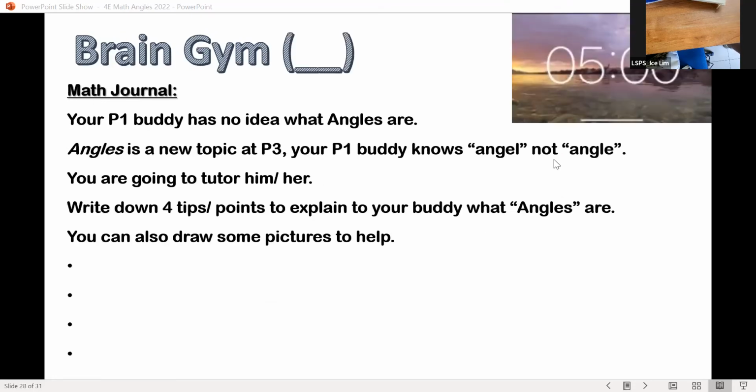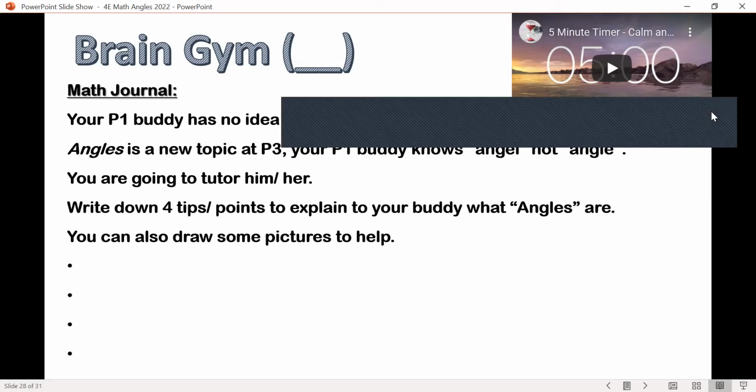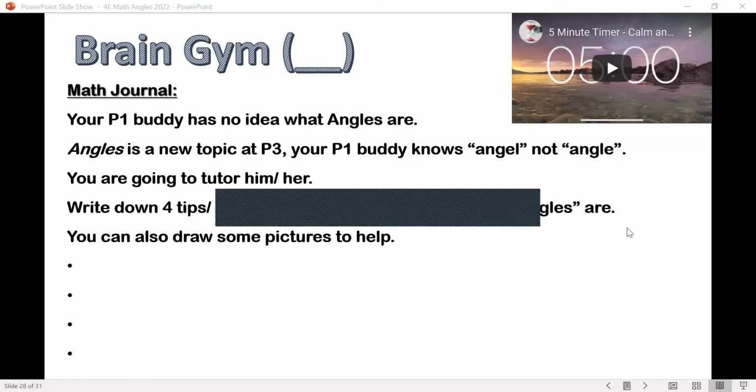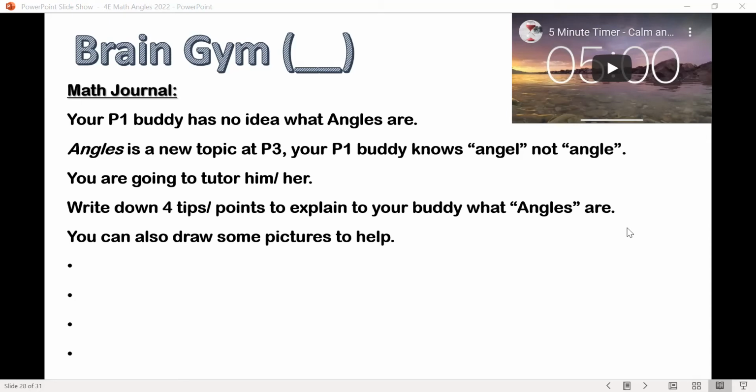Right, first activity. Your journal is on the table. You have a P1 buddy, right? Your P1 buddy has never learned what angles are because it's a P3 topic. Your P1 buddy has completely no idea what angles are, and they will probably spell angle as angel.